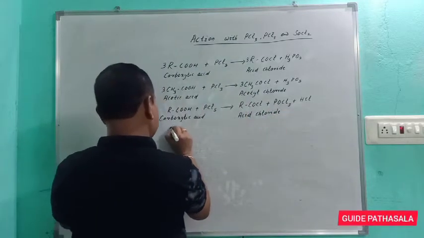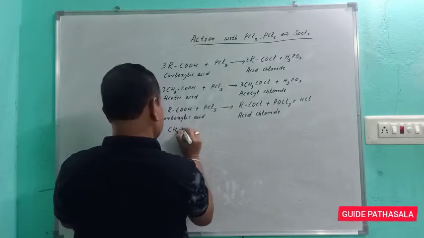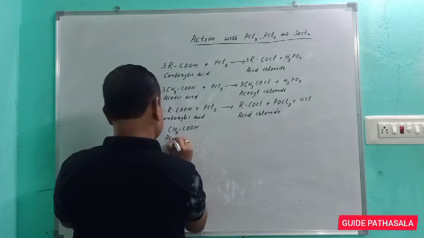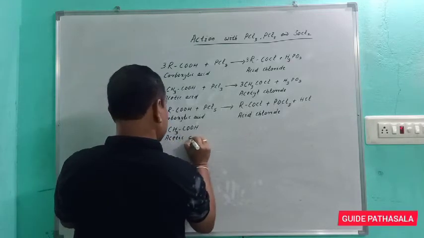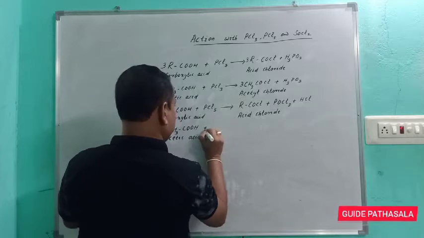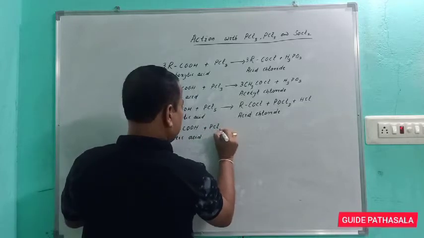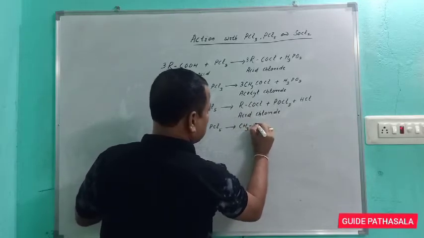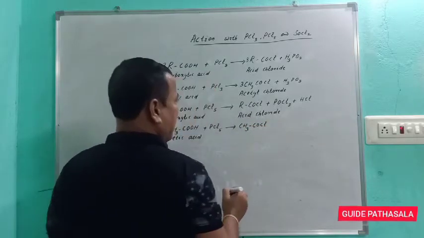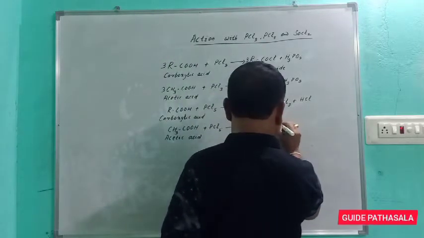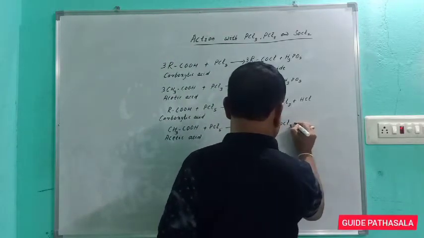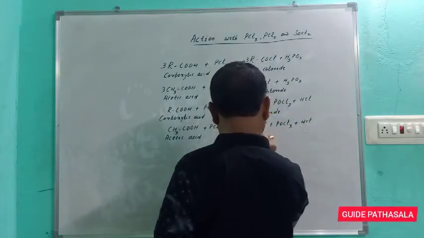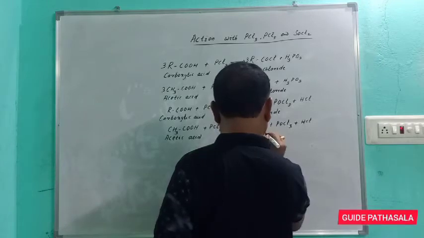If you take acetic acid, CH3COOH, when acetic acid reacts with PCl5, then CH3COCl, acetyl chloride, is formed plus POCl3 plus HCl. This is acetyl chloride.